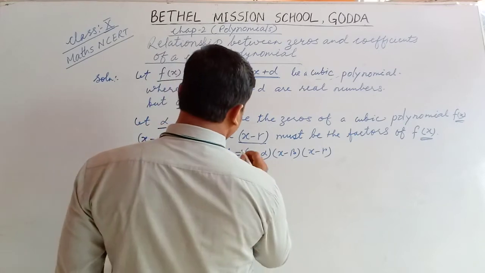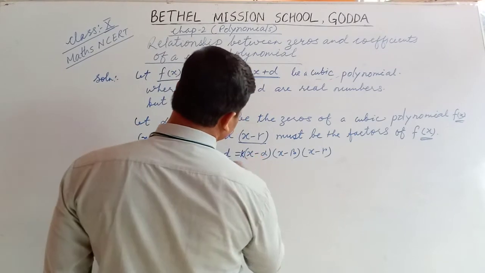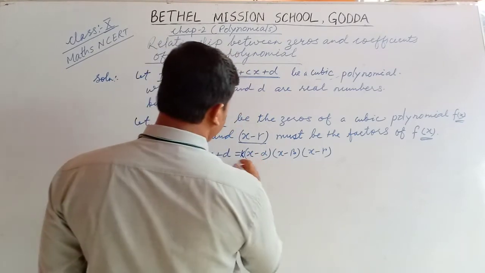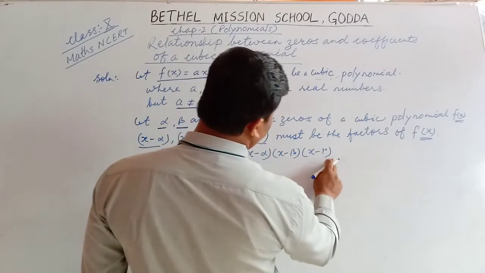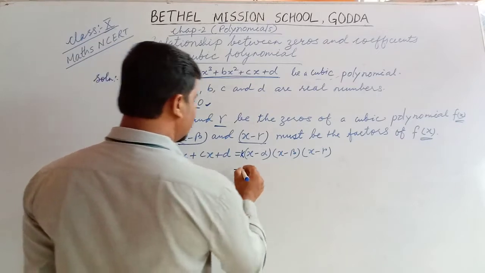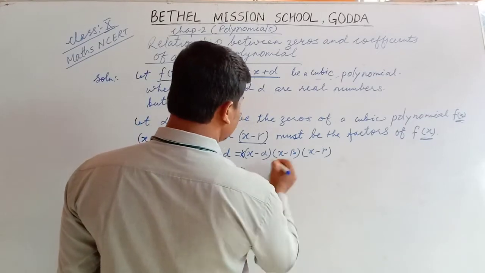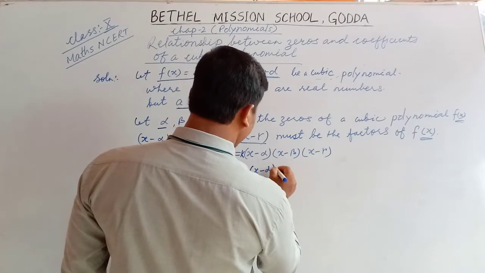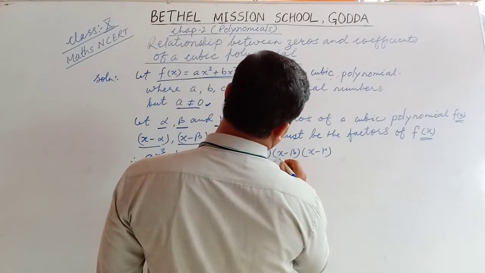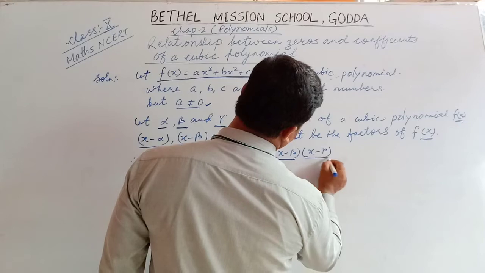And you know there will be a constant k there. Now we will find the product of all three factors. When you find the product, you get k into x minus alpha. First of all, multiply x minus beta and x minus gamma.